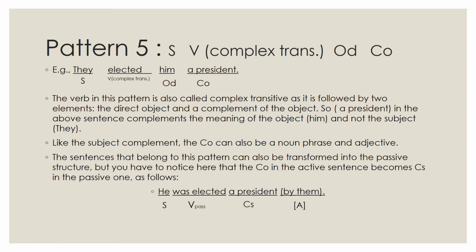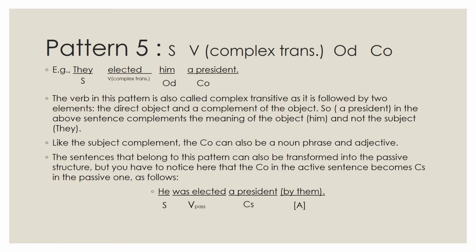We are going to ask the same question. Can we change the sentences that belong to this pattern into passive? Of course we can, because we have a direct object. So "They elected him a president." In the passive, it will be "He was elected a president by them." But I want you to pay attention to the structure of the sentence in the passive.